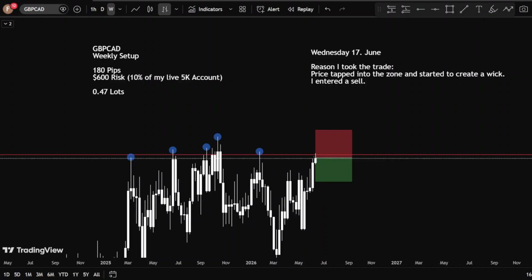Think for yourself, but on the live account, I usually risk between 5 to 10%. This one I risk 12%. You can see also I wrote what I did. The reason I took the trade: price tapped into the zone and started to create the wick. It's very simple to understand. It's not science.